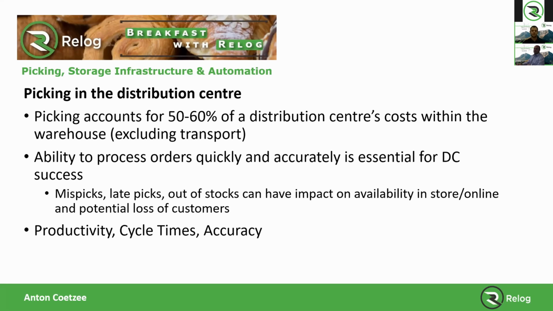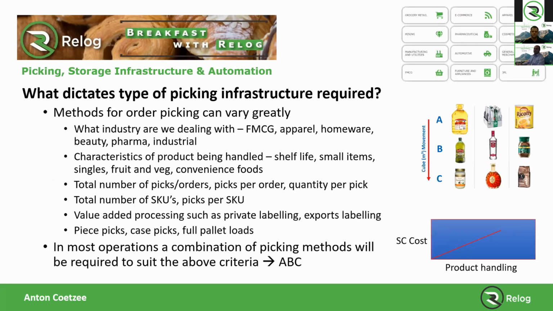And as I mentioned earlier, customers are putting a great demand on same-day fulfillment, or one or two days, which means we need to keep our cycle times to a minimum, and it means adapting our picking operation a lot. Also, systems play a massive role in enhancing our picking operation, and Cobus will touch on this just after me. So how do we go about ensuring we implement the right picking infrastructure for our business?